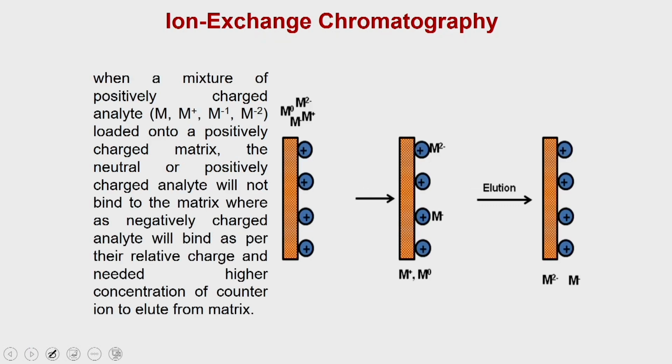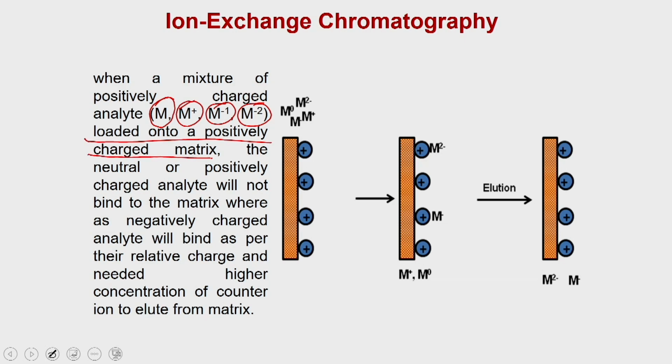Now, let us see how ion exchange chromatography separates proteins of different charges. In this example, we have a complex mixture of proteins which are M, M plus, M minus and M2 minus, and then you load this onto a positively charged matrix.